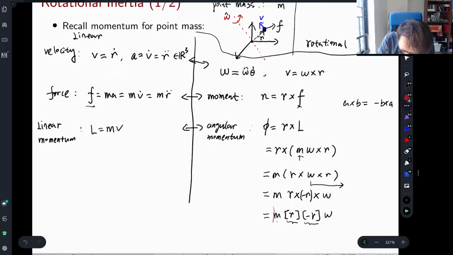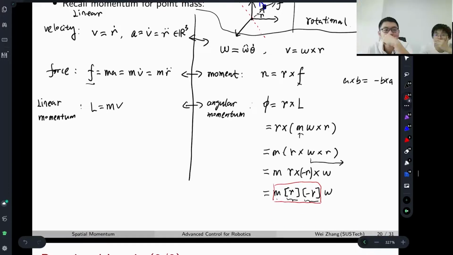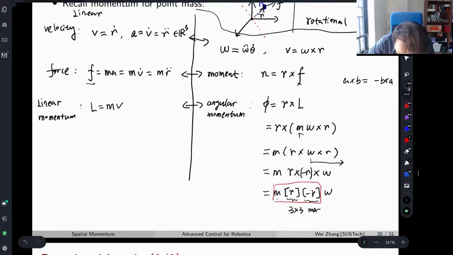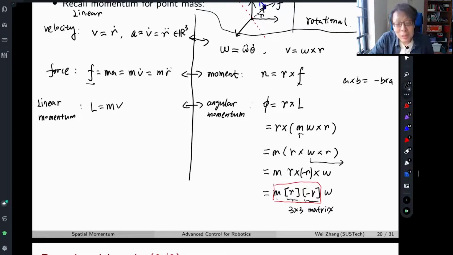So overall, maybe Liu Ben again, what's the dimension of this guy? The dimension of this is 3 by 3. Yeah, this is a 3 by 3 matrix. And this matrix is the inertia matrix of this point mass, with reference to this origin.